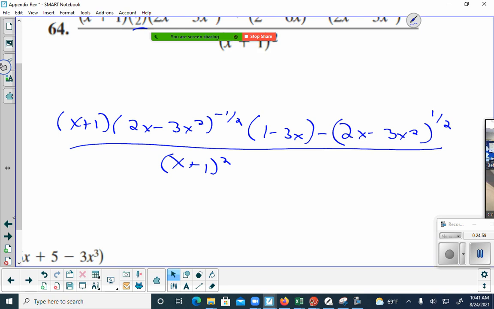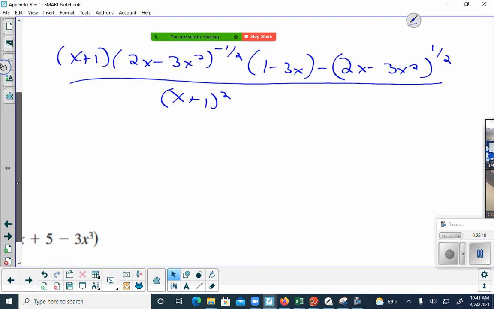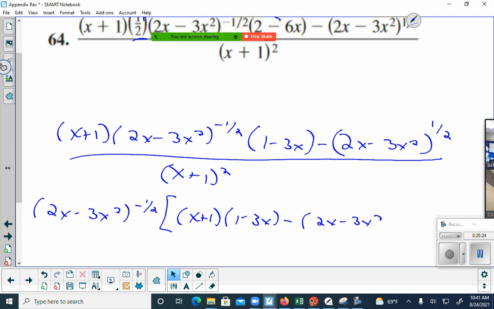I am going to choose to factor out that 2x minus 3x squared to the negative 1/2 because that's the lowest power. Now we have x plus 1 times 1 minus 3x minus, and then simplifying, this will be 2x minus 3x squared.